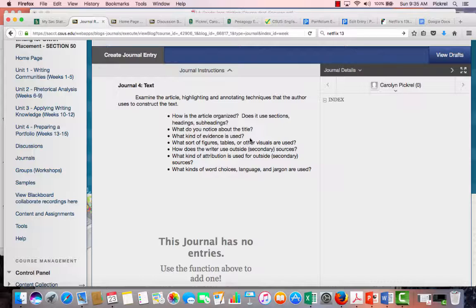Scientific articles might want numbers and data. And I think for most of these academic articles, you'll find that the authors will turn to other studies to provide evidence for different approaches that they take.